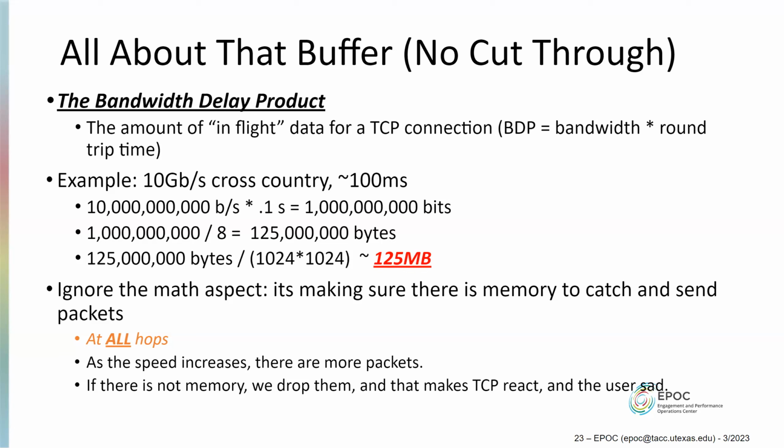And this needs to happen at every hop along the architecture. That's why we're trying to use the dark fiber to get to the border router and bypass all the internal switchgear if at all possible, because it's prohibitively expensive to put these really deep buffered devices at every hop in your network.